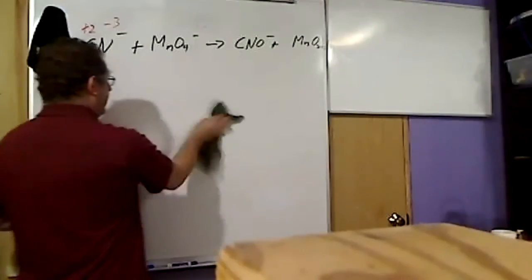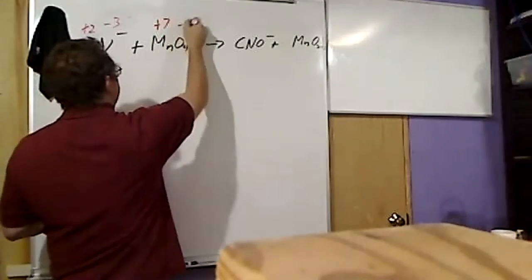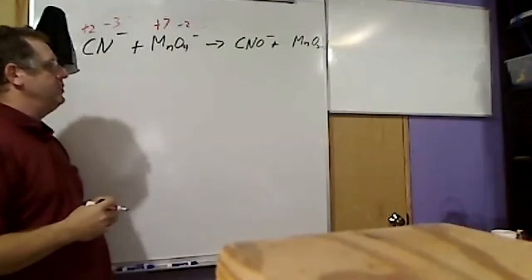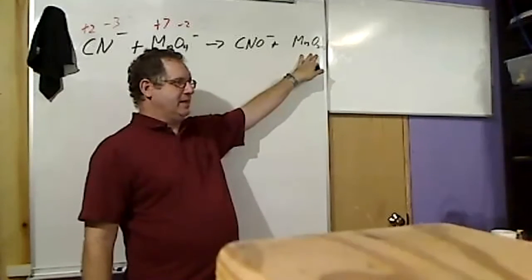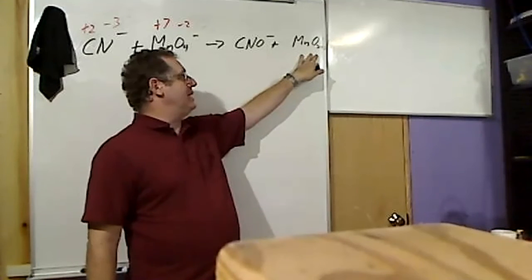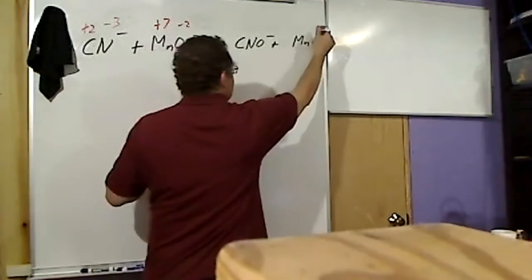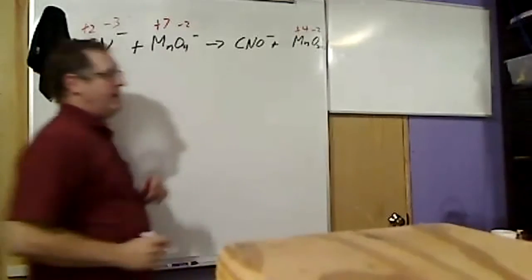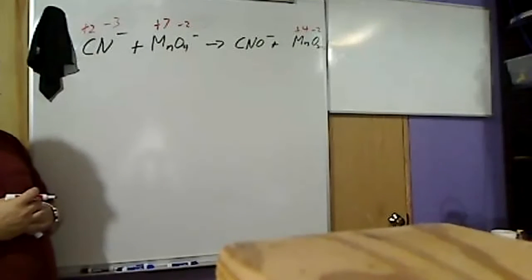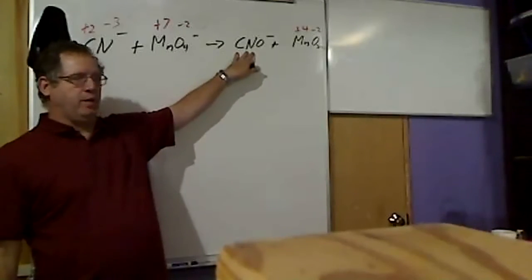The permanganate we did last time, so you can review that if you want. That's going to be a +1 and a -2. I'm going to skip over here to the permanganate because of the manganese dioxide. In this case, oxygen is always going to be a -2, and there's two -2s. So that permanganate is going to go to manganese dioxide at a +4. This one is the tricky one here.